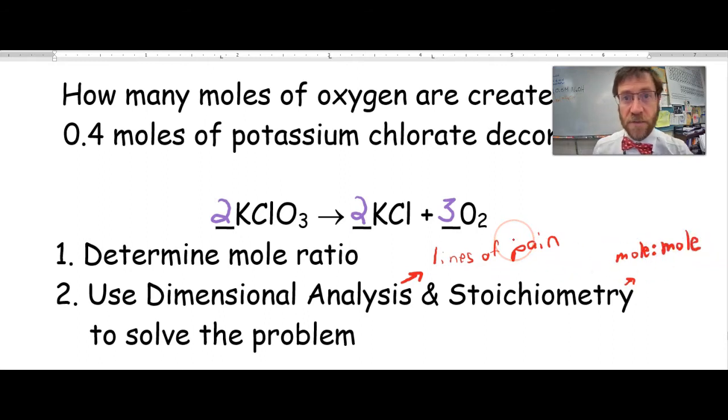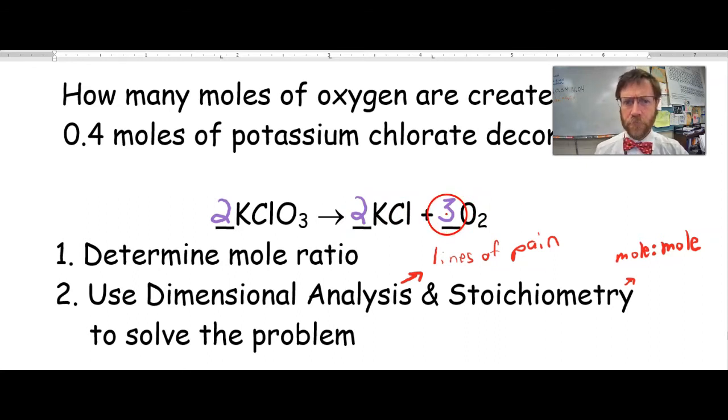That's all stoichiometry is going to be for us. Nothing more complicated than that, right? So let's go to this equation and see again what it's actually telling us. It's telling us that we need 2 potassium chlorates. We will make or yield 2 potassium chlorides and 3 oxygens.